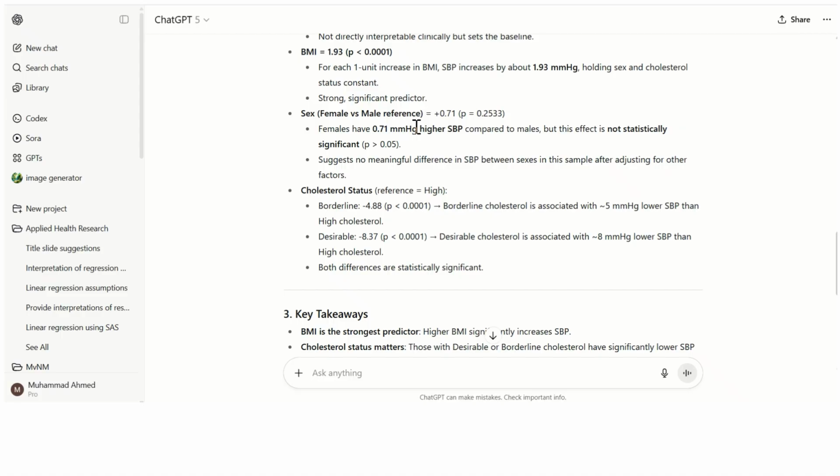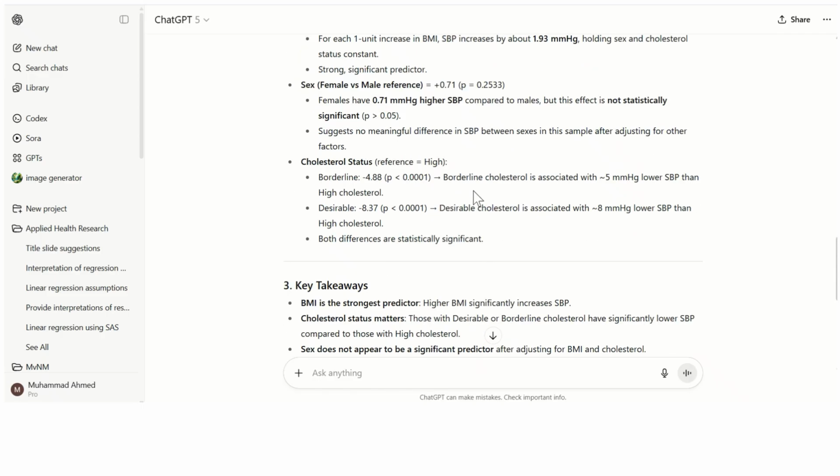But it appears that cholesterol status and BMI have something to do with males having higher systolic blood pressure. After we adjusted for these two factors, we see that females in fact have a tiny bit higher than males. But overall we can say that this suggests no meaningful difference between male and female in systolic blood pressure exists.